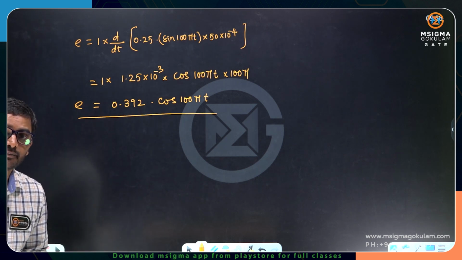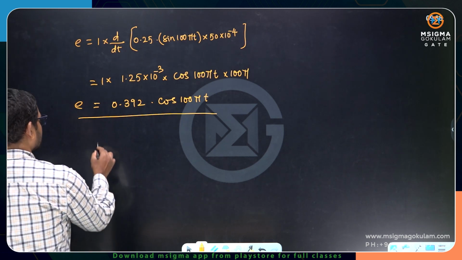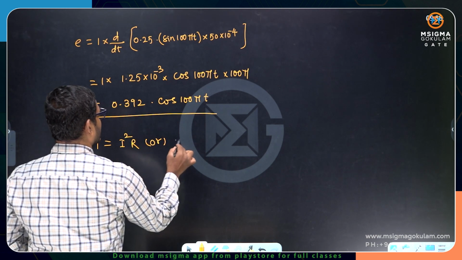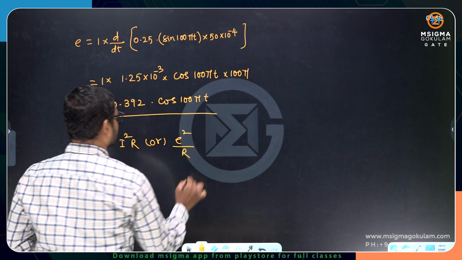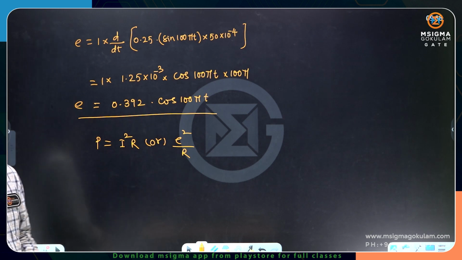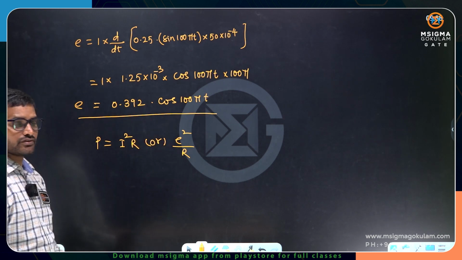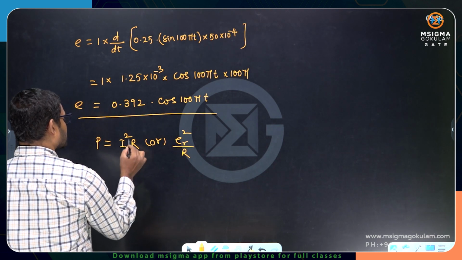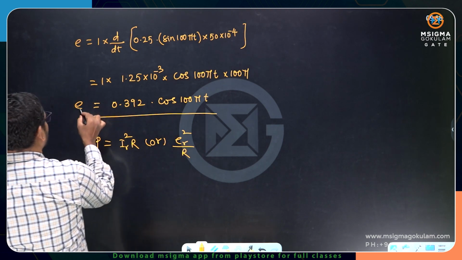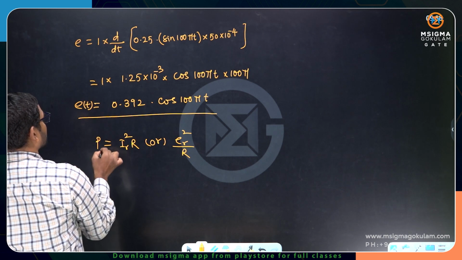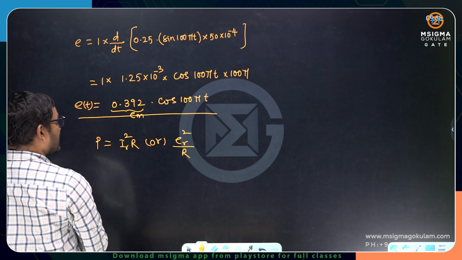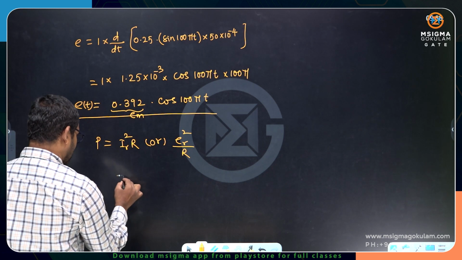But I want power. Power can be taken as I square R, or otherwise V square by R. I don't know the current, but I know the voltage, so directly substitute in this one. By the way, these are RMS voltages and RMS currents, so be careful. Here we have a maximum voltage, not an RMS voltage, so please convert into RMS and then calculate.